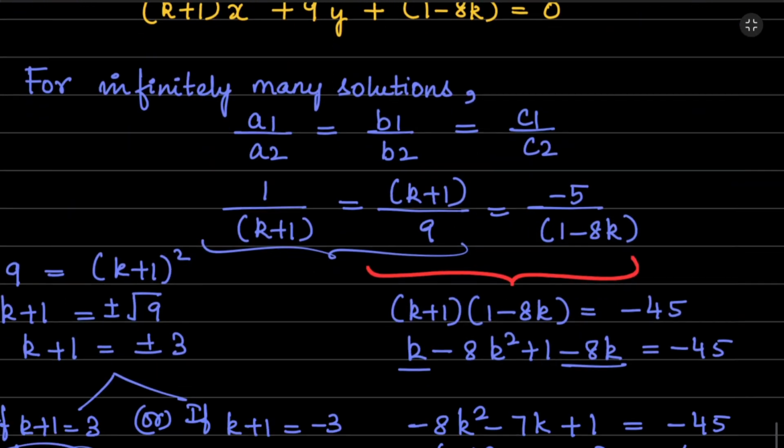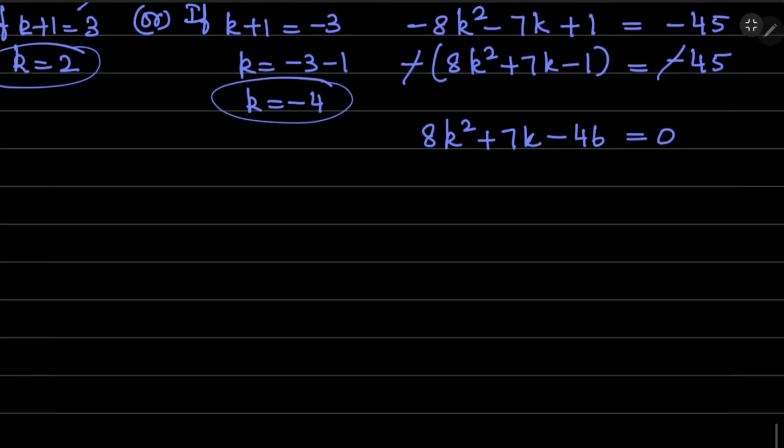Now you have to do using middle term splitting here. So let's do it. So what is the sum? Sum is nothing but 7. What is your product? Product is nothing but 8 multiplied by minus 46, A into C, the coefficient of k square multiplied by this. So 8 multiplied by minus 46.